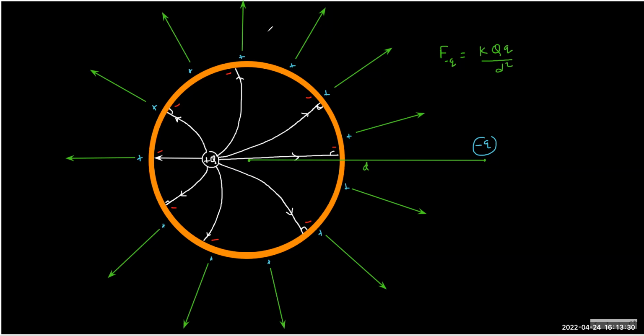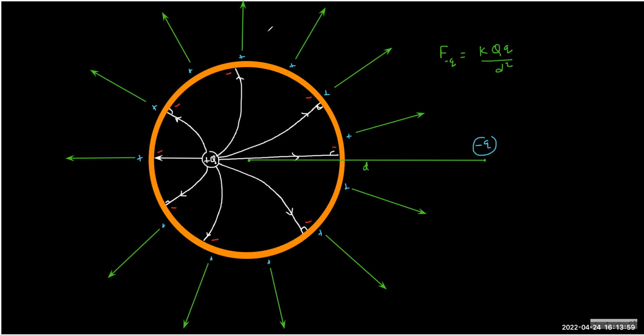Sir, why are the electrons non-uniformly distributed around plus Q? The electric field will be stronger close to the plus Q charge, right? So more electrons will come there, and on the left side, fewer electrons will come there because you are far away. So your strength is not the same, right?